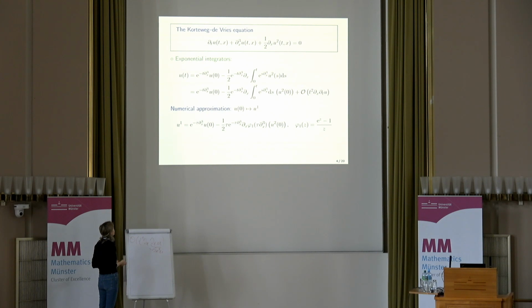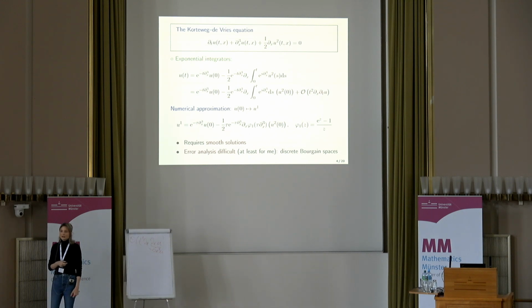And also the error analysis, for me at least, is not very easy, because you really need to use some discrete counterparts of PDE techniques, such as Bourgain space estimates, if you consider periodic boundary conditions for this model.